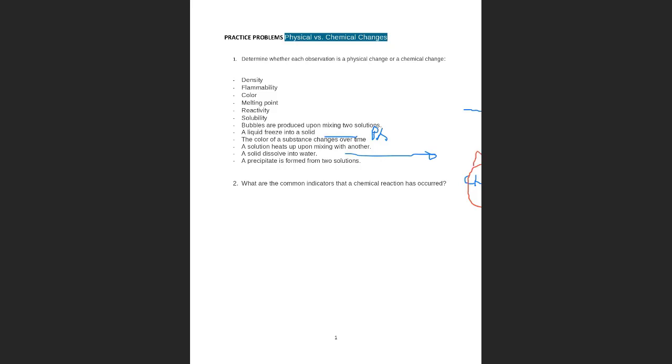So methanol reacts with oxygen to produce carbon dioxide and water. So I started with methanol and I obtained a different substance. So flammability, do you think it is a chemical change or a physical change? Let's see. Awesome. How about color?